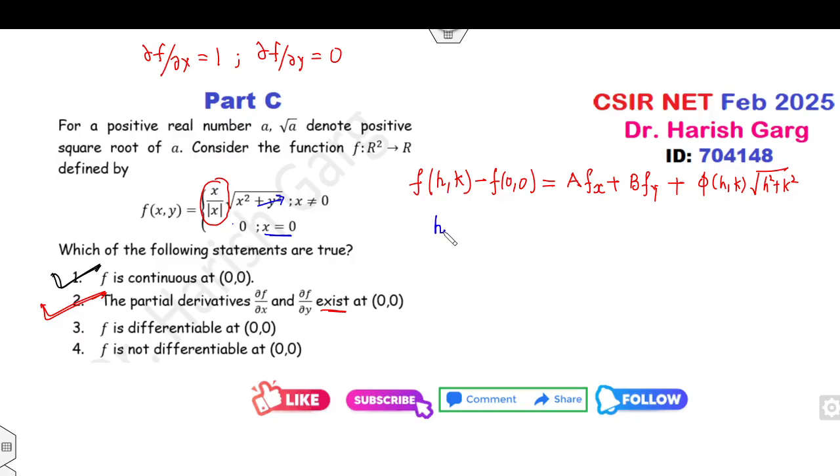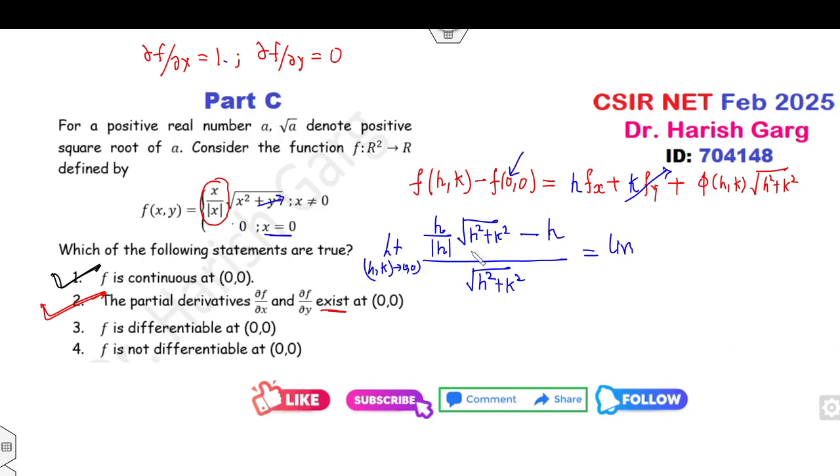This is h over mod of h into h square plus k square. Whenever x is 0, the answer is 0. f_x is 1. Fine. So instead of a and b, I can write h and k, minus h, this value will be 0, divided by root of h square plus k square. Fine. Now your target is to check whether the limit at 0 comma 0 exists or not.